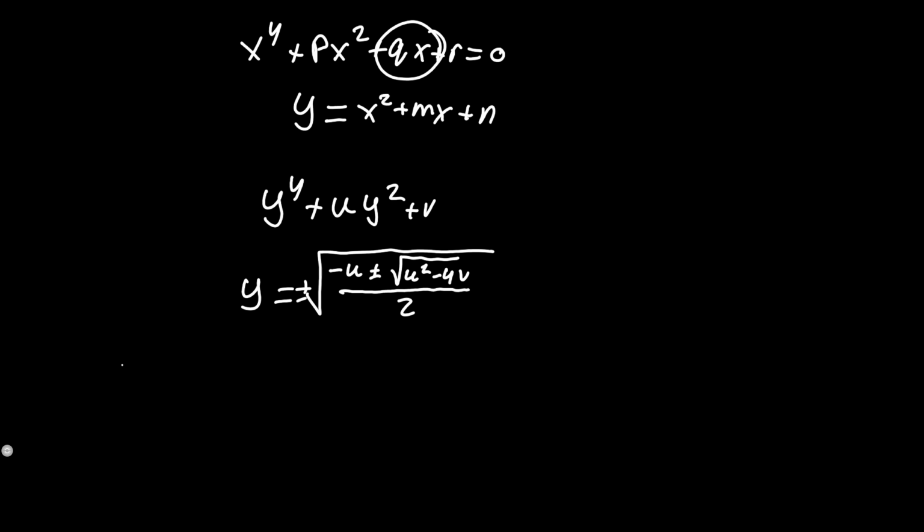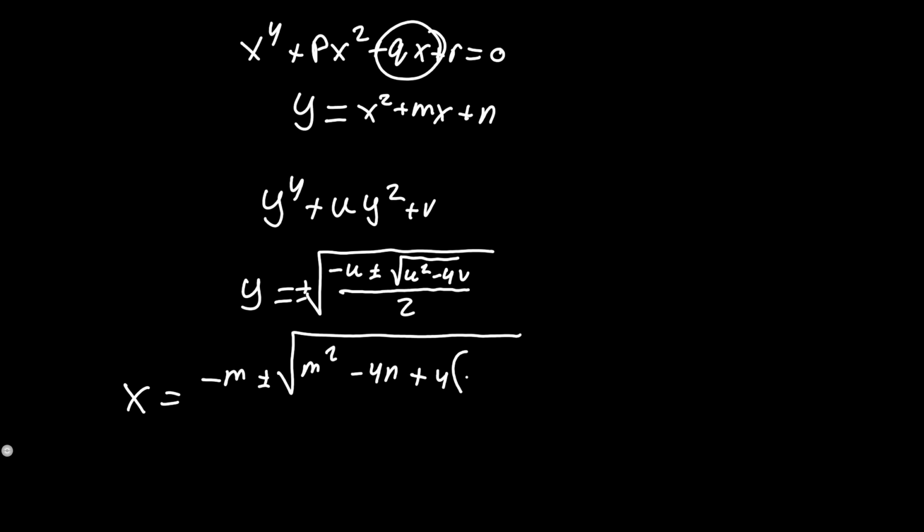And plugging that in, we simply get that x is equal to negative m plus or minus the square root of m squared minus 4n plus 4 times plus or minus the square root of negative u plus or minus root u squared minus 4v all over 2, and that is also all divided by 2.